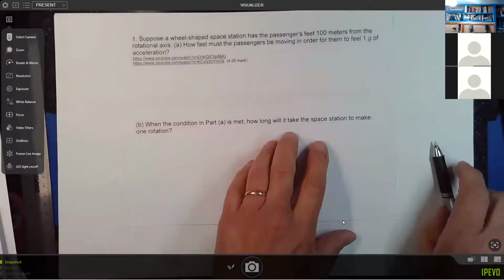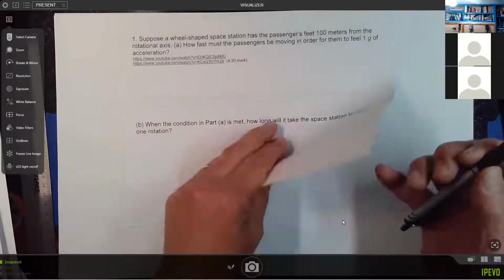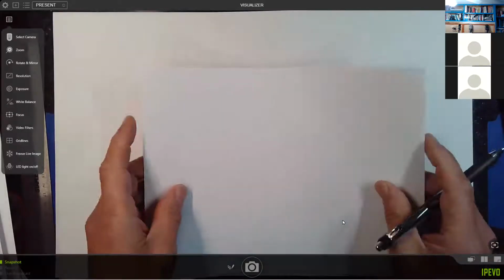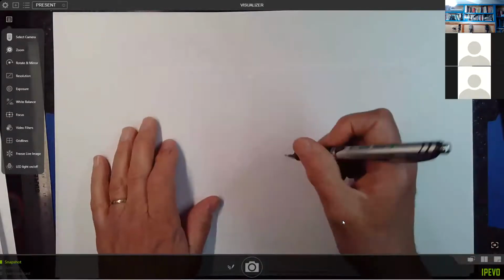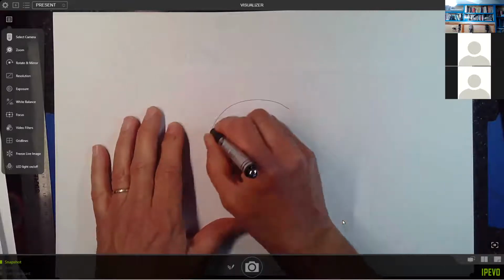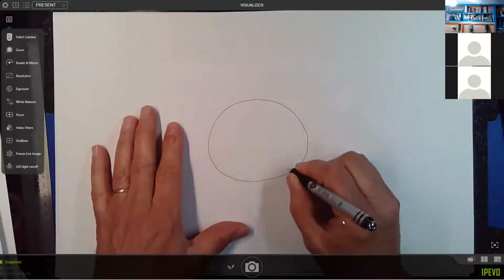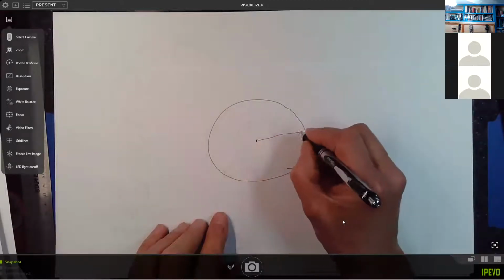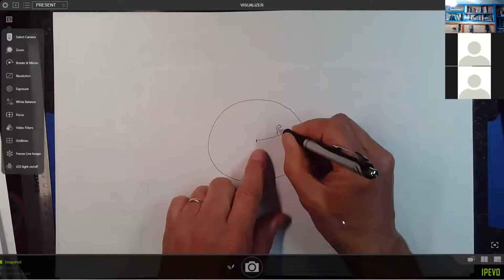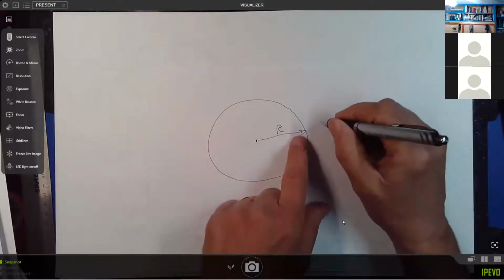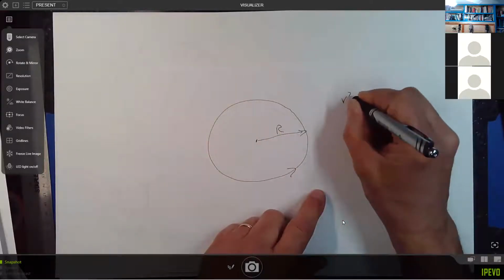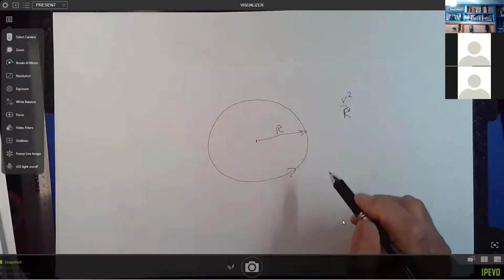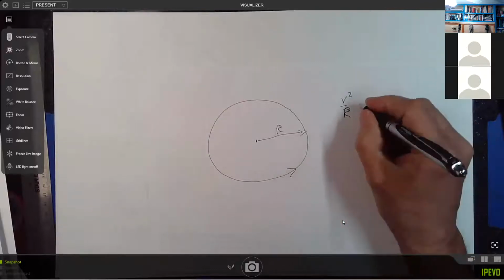Maybe before we get to that, I want to talk about just what it takes to make something move in a circle. And let's suppose something is undergoing uniform circular motion, so it's traveling in a circle like that. Well, if this is a radius R, it's going to have centripetal acceleration given by v squared over R. If it's traveling in that circle, that's its acceleration.